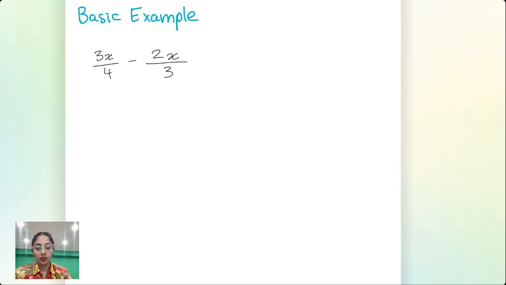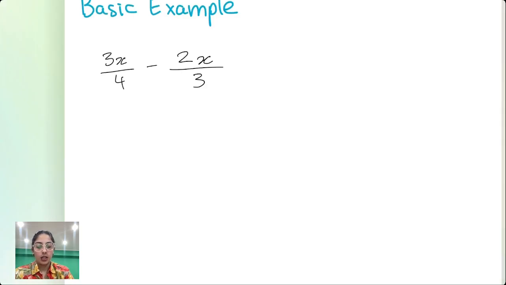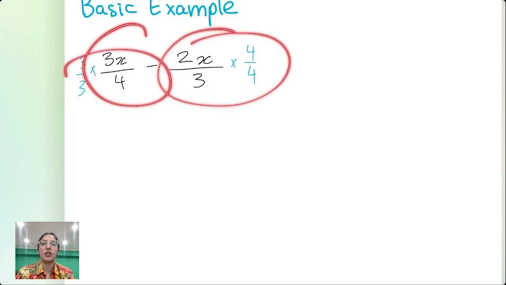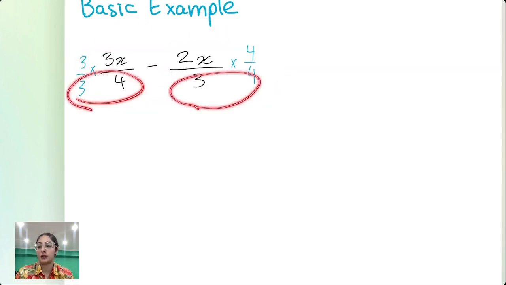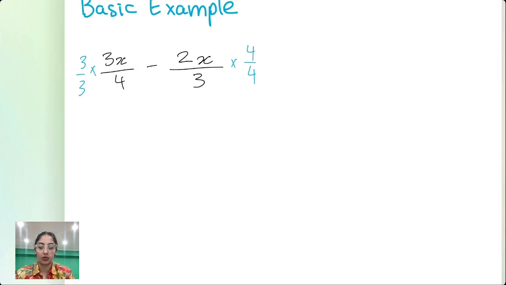So going through this question, pretty much all you have to do is you multiply this by 4 on 4, and you multiply this by 3 on 3. Sometimes it's called cross-multiplying. I just like to think of it as, well, I know that I want this fraction to have the same denominator as this fraction, so if I multiply them by each other, I'm obviously going to have the same number. Pretty standard approach, okay?